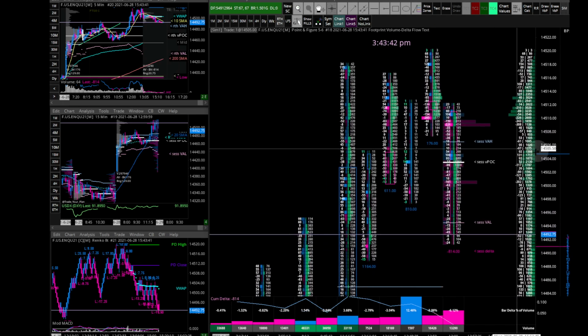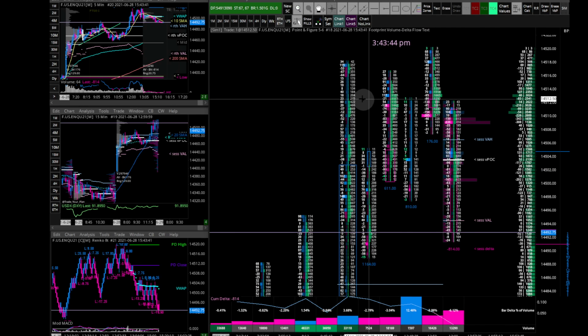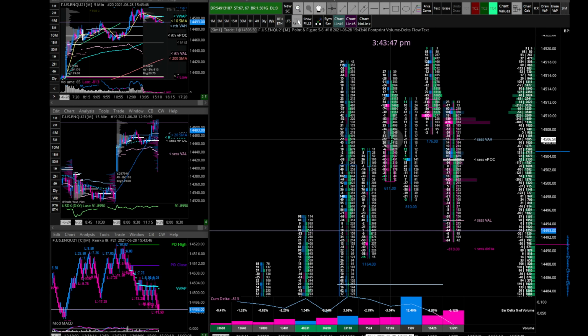Why that's important is because it allows us to look at essentially volume nodes.